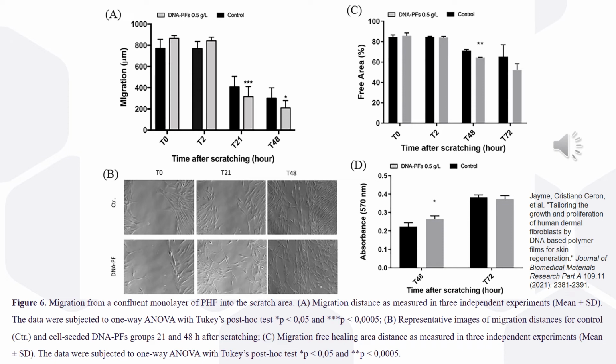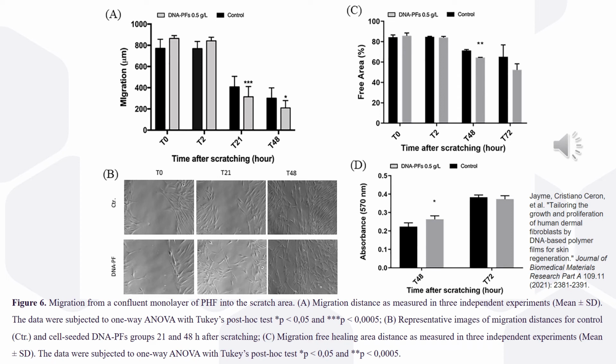I forgot to say in the previous slide, we analyzed the Ki67 and the cell cycle proliferation of the cells under the DNA polymer film. And these studies indicate to us the cells under the polymer films have more Ki67 compared with the control.